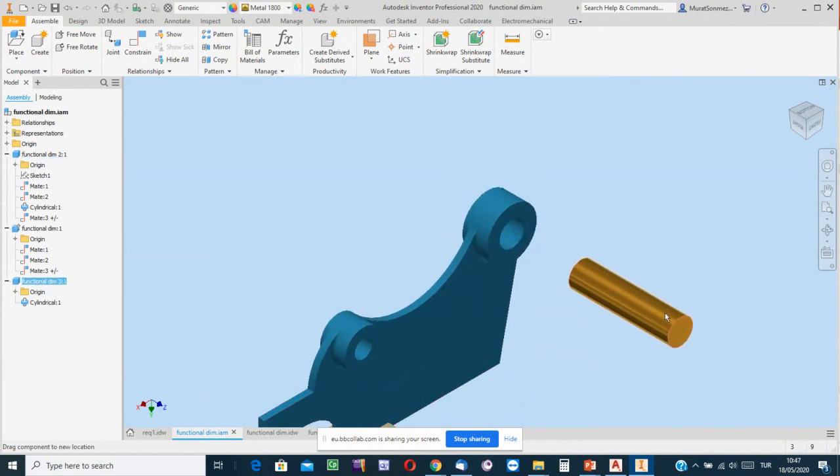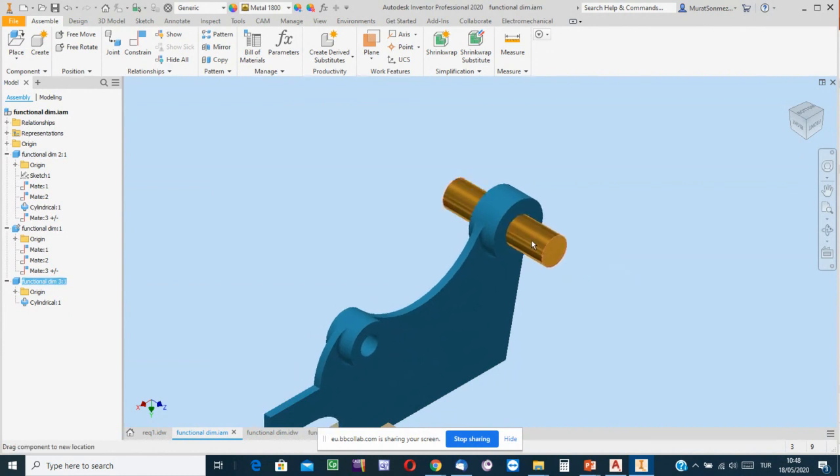So designers should consider the relationship between this and that, and the order of the clearance, and individually determine the tolerance for this golden part and the corresponding hole. These are functional features and their dimensions are functional.